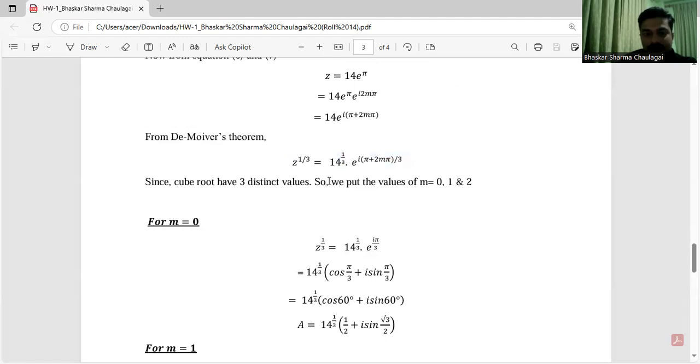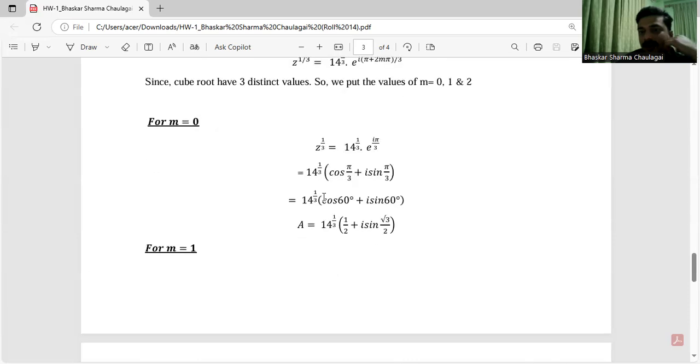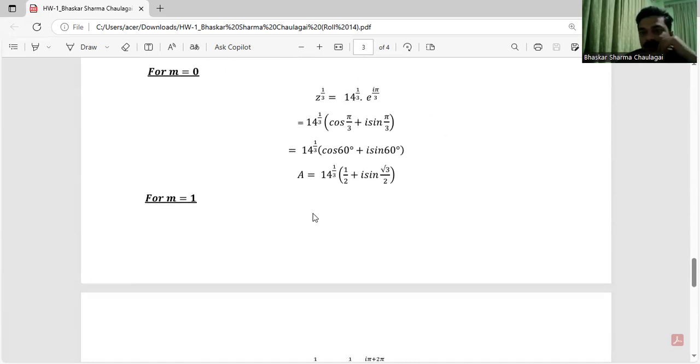As we know, the cube roots have three distinct values. To find those three distinct values, we'll be putting the value of m as 0, 1, and 2. If we put m as 0, then we get the first result, a, equal to 14 to the power 1 by 3 times half plus i square root of 3 divided by 2. So this is our first result.